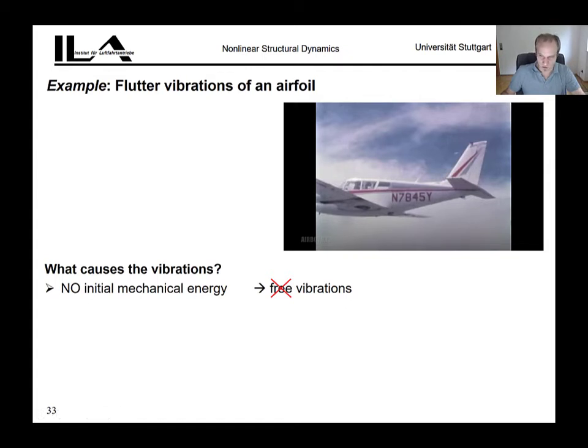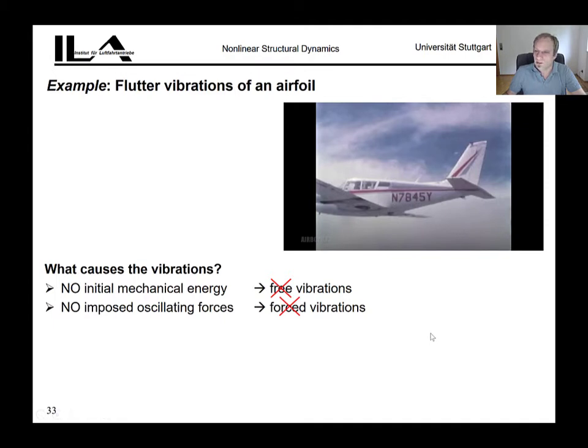But let me assure you, this is not the case here. The flow velocities and the pressures that we see in front of the aircraft are quite constant. So this does not explain it. We don't have any forced vibrations.